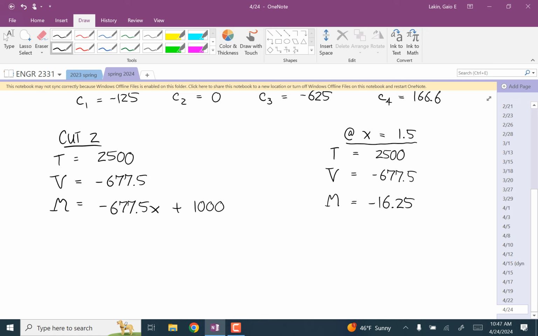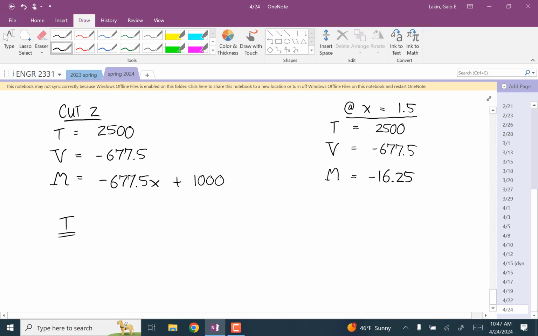Okay, so now the stress tensor. So first we'll do stress tensor due to internal tension. We got sigma xx is equal to positive 2,500 divided by the cross-sectional area, which is 0.04 times 0.08.